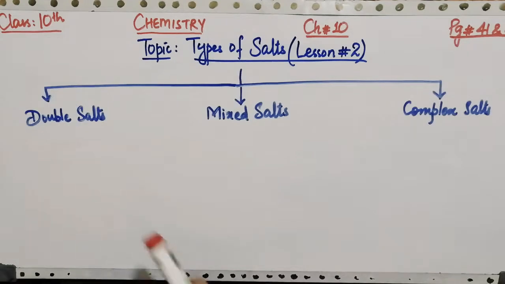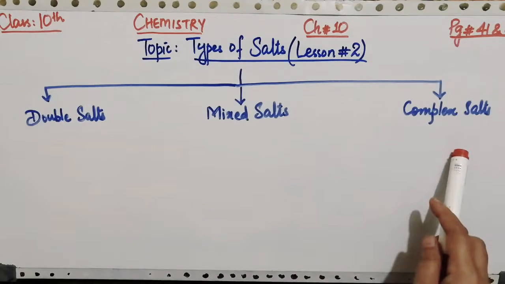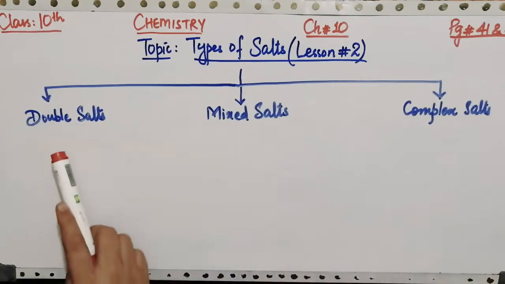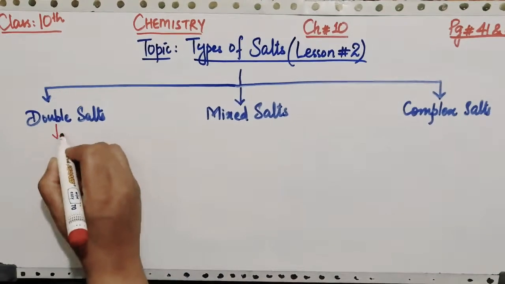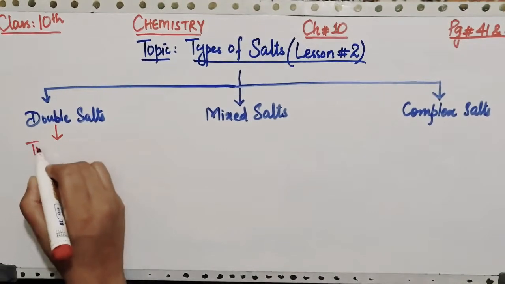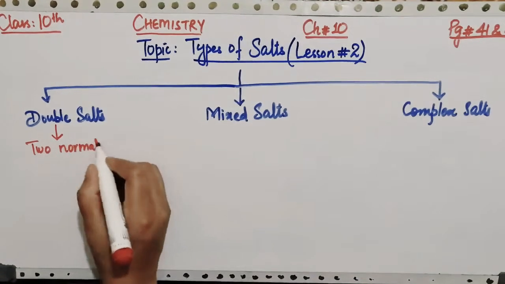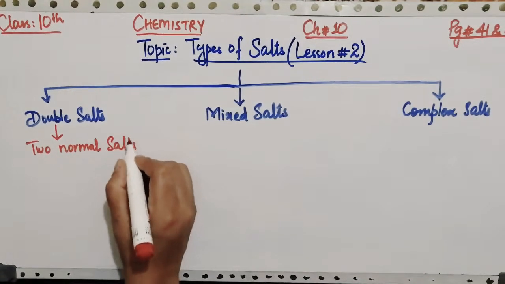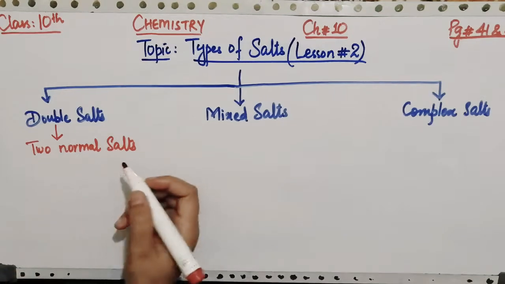So the remaining 3 salts are double salts, mixed salts and complex salts. First we are going to discuss the double salts, that how these salts are prepared. So double salts are formed by the normal salts, in which 2 normal salts or neutral salts are mixed together and they are actually formed in water.